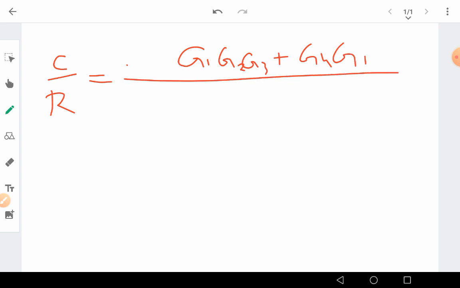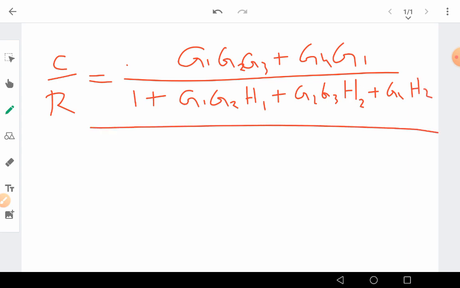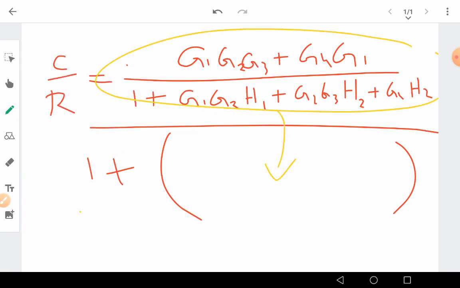So we can say C, output by input, the net transfer function will be G1 G2 G3 plus G1 G4 divided by 1 plus, this is the numerator of the overall transfer function initially, H1 cross multiplying with H2 also, we get G2 G3 H2 plus G4 H2, divided by 1 plus the whole thing again, the whole thing again will come to here.